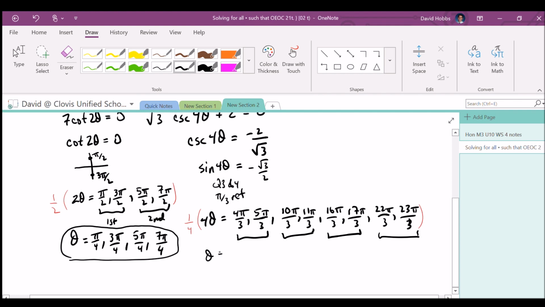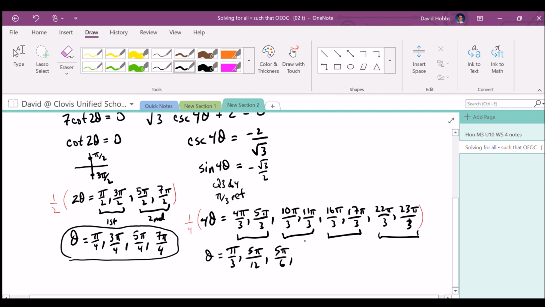And so theta, okay, so the 1/4, some of these are going to reduce, and so fractions should always be reduced. So 1/4 times 4 pi over 3 is pi over 3. The 5 pi over 3 times 1/4, that one does not reduce, so 5 pi over 12. The next one reduces just a little bit. We get 5 pi over 6.